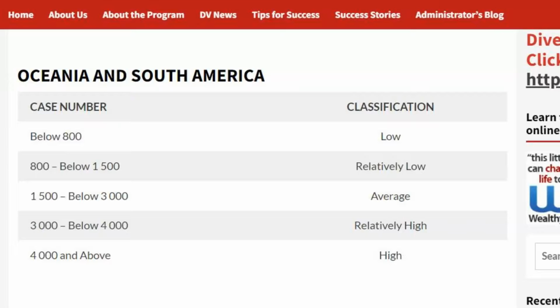If it is 1,500 to below 3,000, that can be considered as an average case number. If it is anywhere from 3,000 to below 4,000, that can be considered as a relatively high case number. And if it is 4,000 and above, it can be considered as a high case number. That concerns both the Oceania and South America regions.